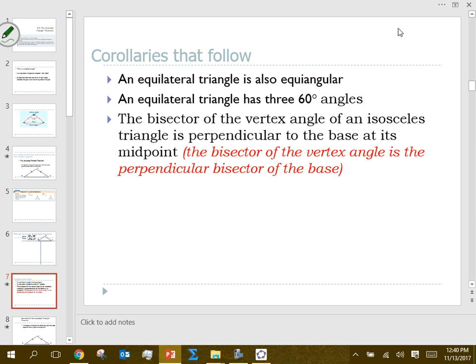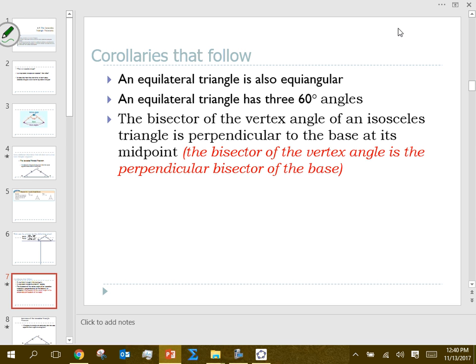It's going to say the bisector of the vertex angle is the perpendicular bisector of the base. Perpendicular takes care of the idea of right angles, and bisector takes care of the midpoint, cutting that base in half. So whenever you see perpendicular bisector, there are two components to that: you've got right angles, and you've got congruent segments being developed. All right? Is that doable?